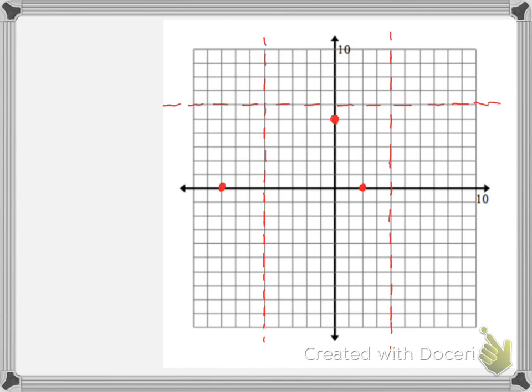So first thing you want to think about is that you have to have something happening. When you draw this graph, you're going to have to draw a curve in each one of the regions between your vertical asymptotes. So you're going to have to think about what the graph looks like here, here, and here.